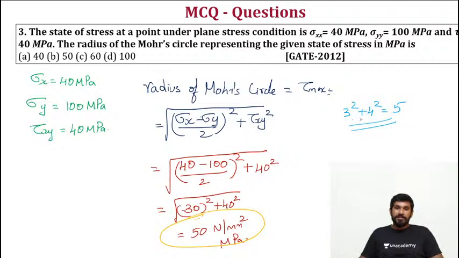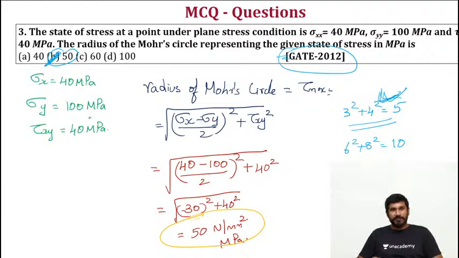So there are few other things like this, like 6 square plus 8 square, that is equal to 10. So please remember, this is the most commonly used one. So here the answer is 50. That is, B is the right answer for this GATE 2012 question.